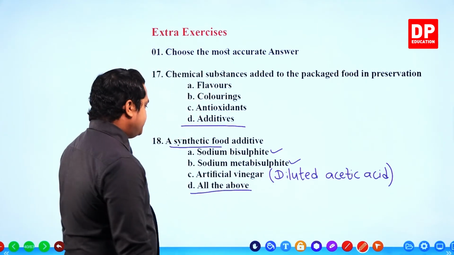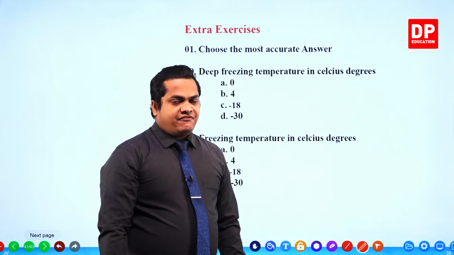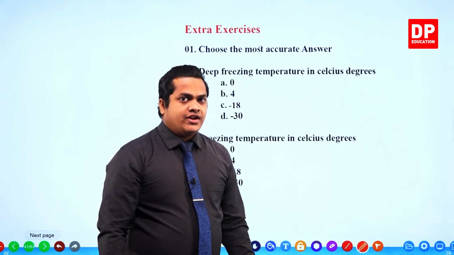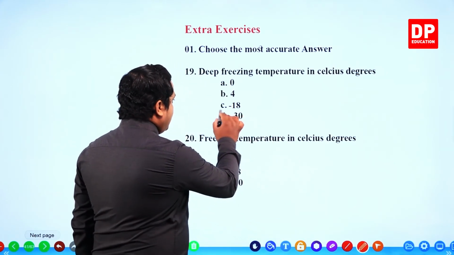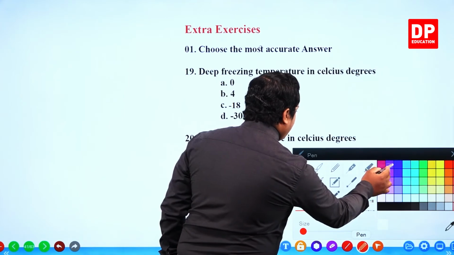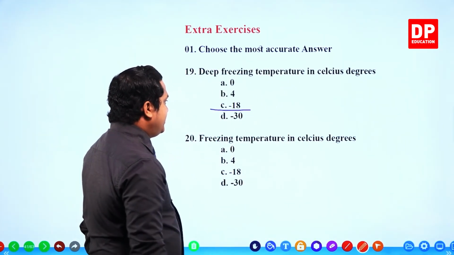Right. Question number 19. Deep freezing temperature in Celsius degrees. It's quite obvious, my dear children, a straightforward theoretical question. The deep freezing temperature in a refrigerator is exactly around -18, negative 18 degrees Celsius.